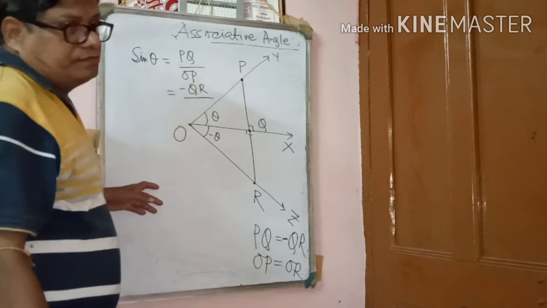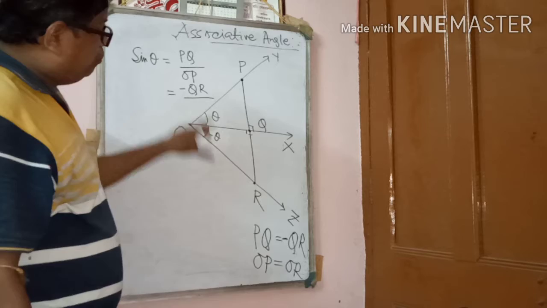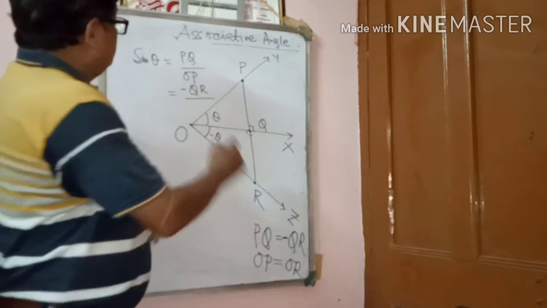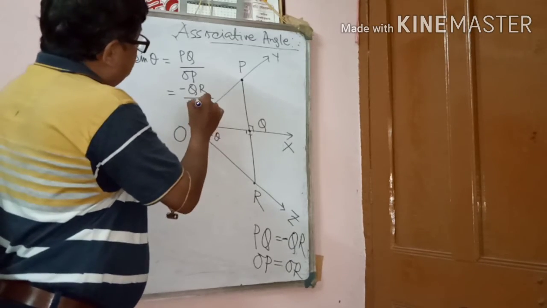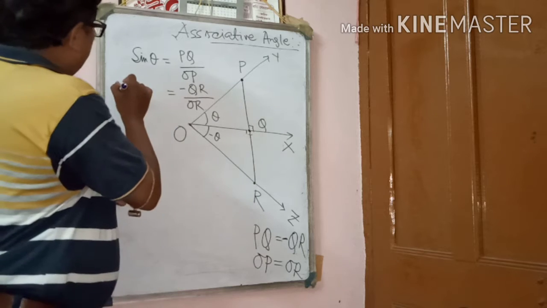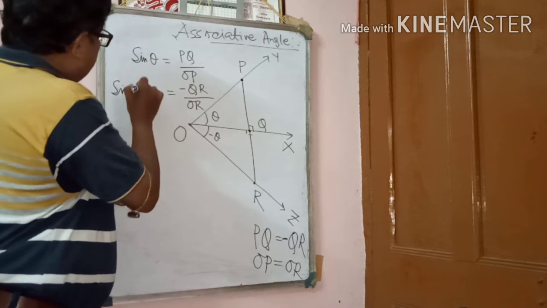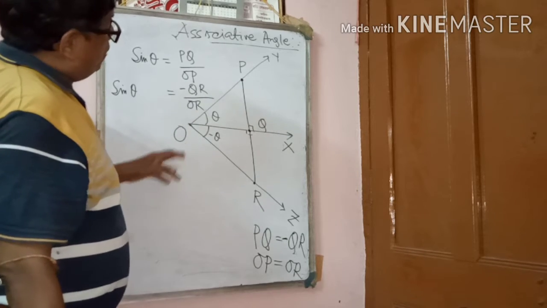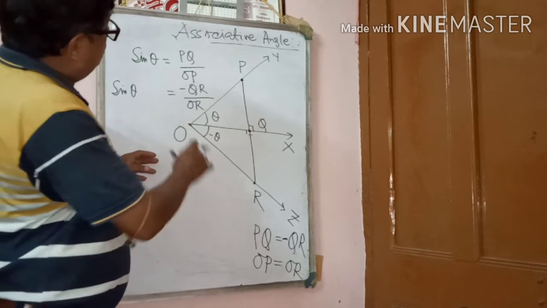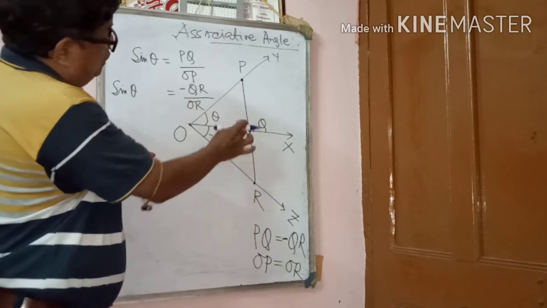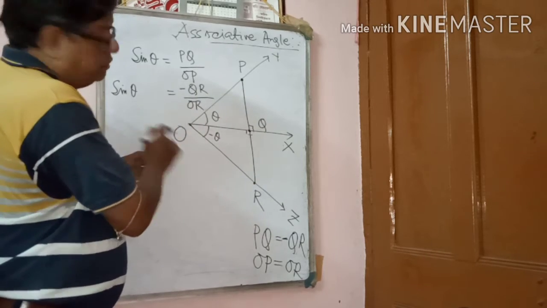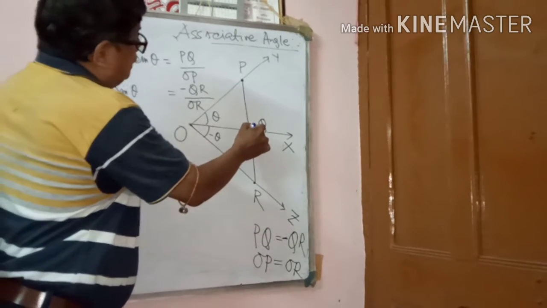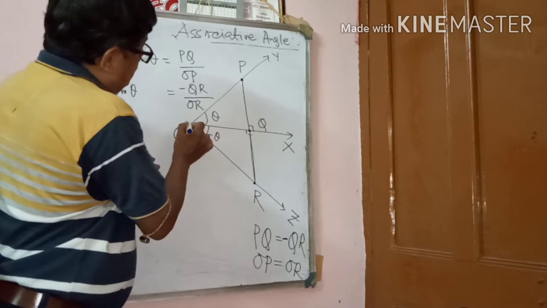So write minus QR by OP, and OP equals OR. Right? OP equals OR. So now sin theta we are getting minus QR by OR.